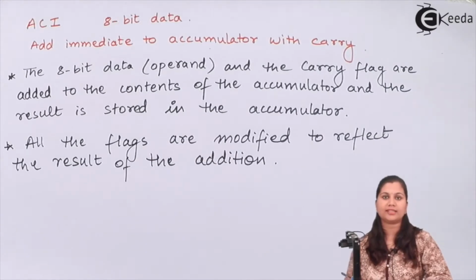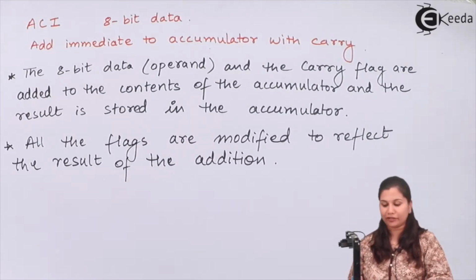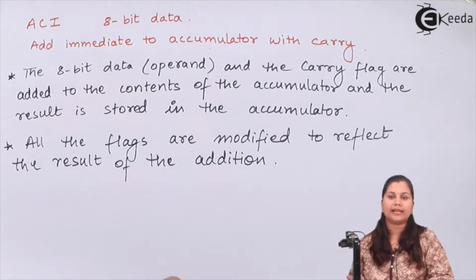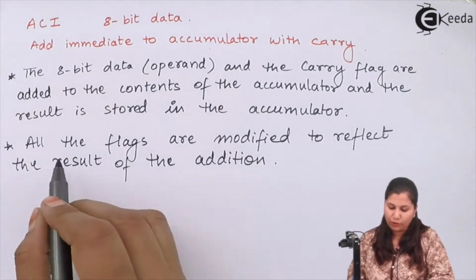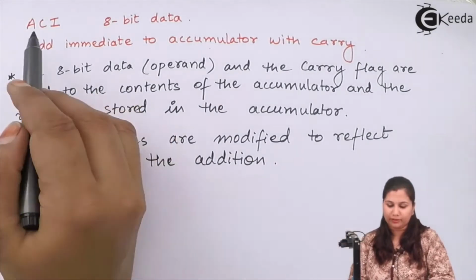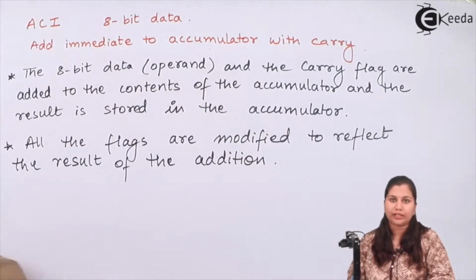If the result is zero, then the zero flag will be modified. If any carry is generated, then carry and auxiliary carry are modified. And if the resultant number has an even number of ones or an odd number of ones, then the parity flag is modified. So all the flags are modified due to this instruction to reflect the result of the addition.